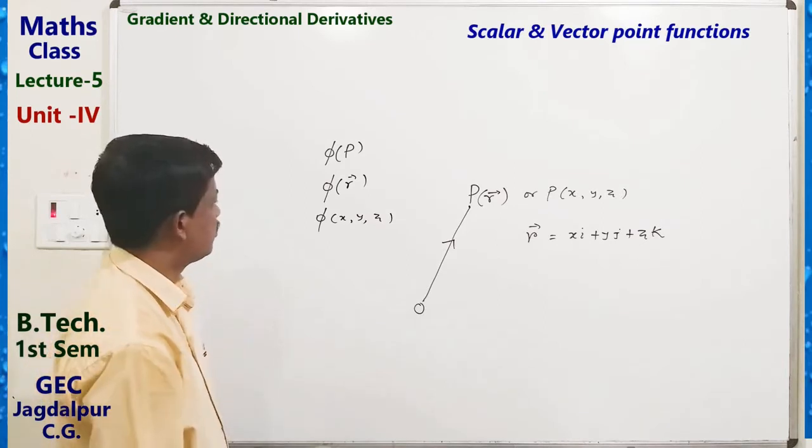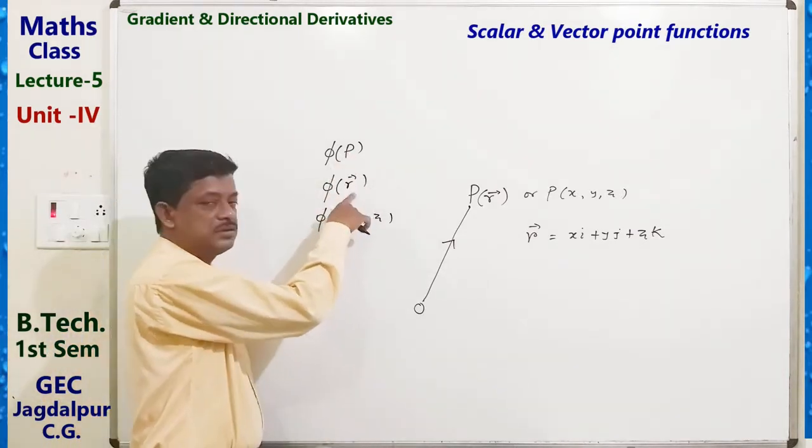The triplet represents a point: the point having these coordinates, the point having this position vector.